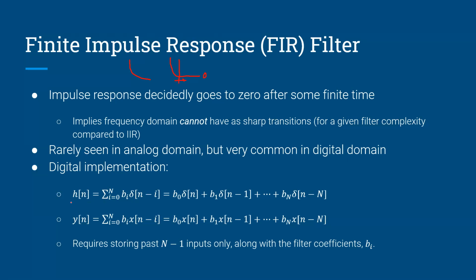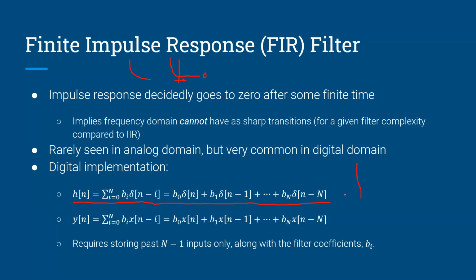Because these are the ones we're actually going to be using, I want to point out the math here. So this is the generic impulse response for a FIR filter. All this is saying is that the impulse response is just a constant at one position plus a constant at another position shifted by one, and so on until you get to the length of your filter n.